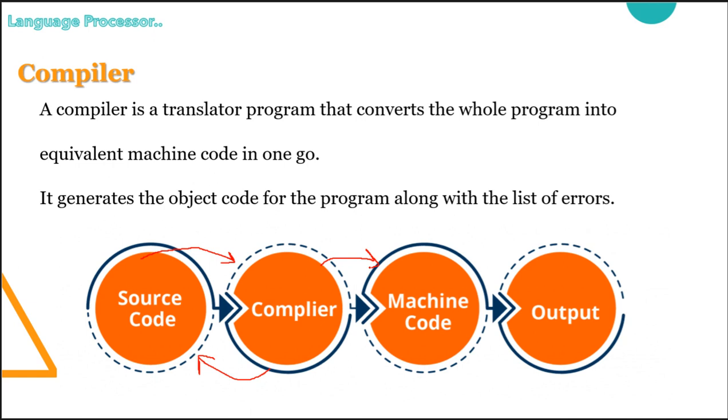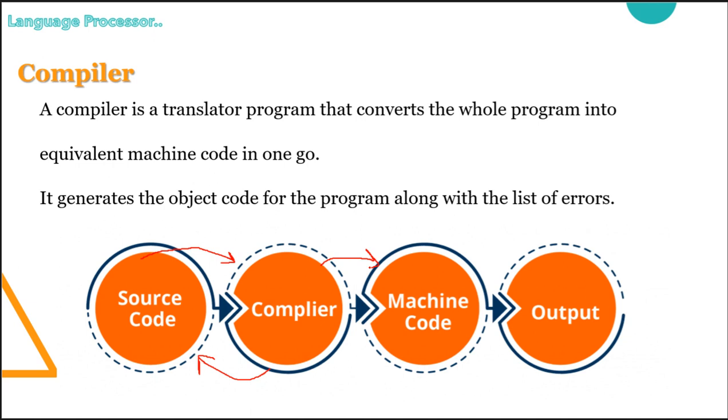Which means in a compiler, the source code is translated to object code or machine code successfully if it is free of errors. The compiler specifies the errors at the end of the compilation with line numbers. When there are any errors in the source code, the errors must be removed before the compiler can successfully recompile the source code.